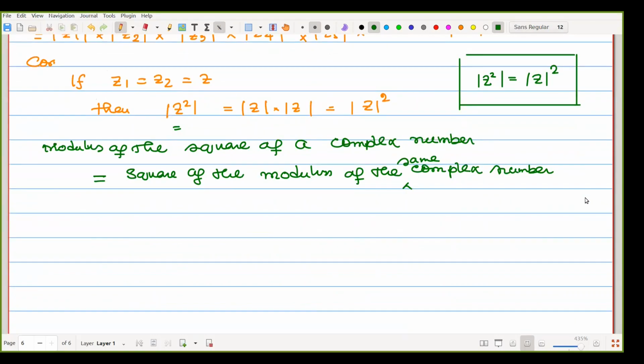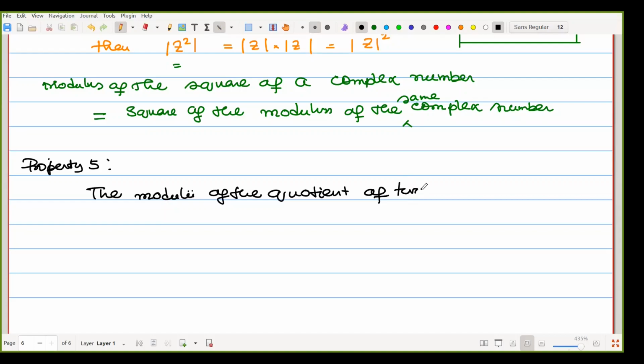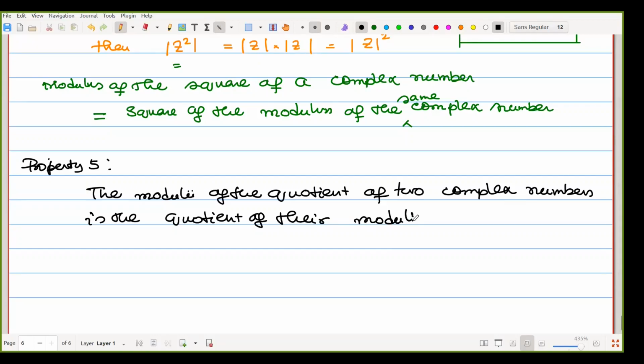Another small property is also there. Just write down, that is property 5 of the modulus, that is also important. The modulus of the quotient of two complex numbers is the quotient of their moduli.